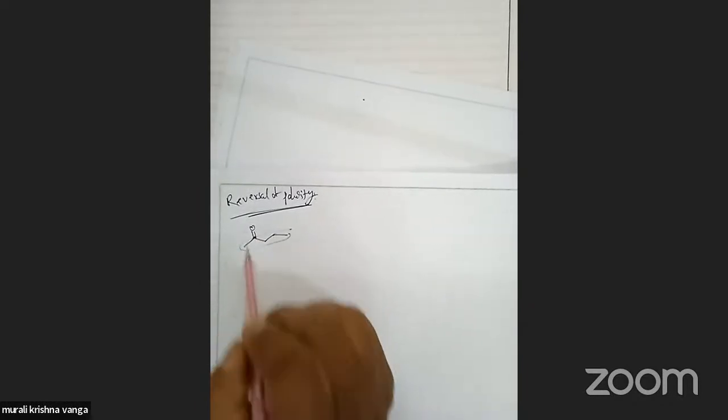Due to the presence of these heteroatoms on the carbon skeleton, which have more electronegativity, positive and negative charges take place alternatively on the carbon skeleton. Here I am taking this carbon skeleton. This carbon is attached to heteroatom oxygen.